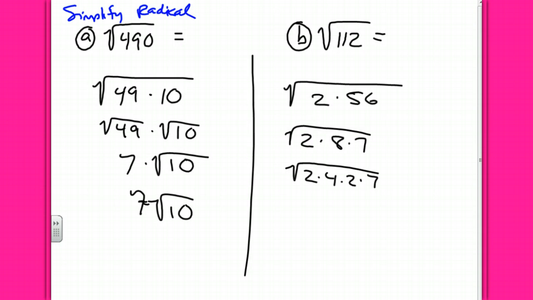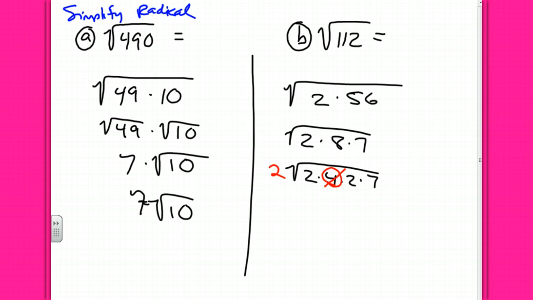Now, do you see any perfect square factors now? What is the perfect square factor that you see? 4. And what's the square root of 4? So we could take this square root of 4 out. But when we take it out, the square root of 4 equals 2, right? So we take a 2 out.